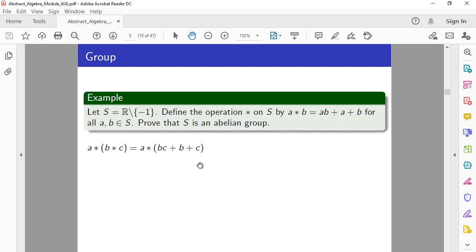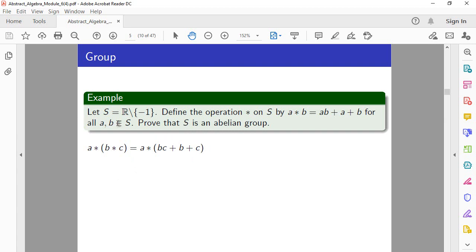Okay, so what do we do? Well, we have to prove the three properties of a group first, and because we want to show that S is an abelian group, we also have to show that it satisfies the commutative property. So let's first show that star is associative.